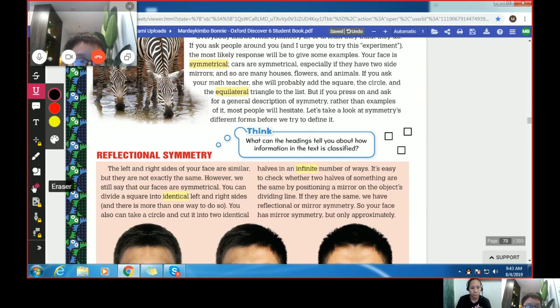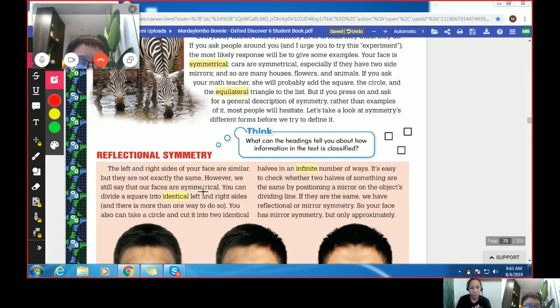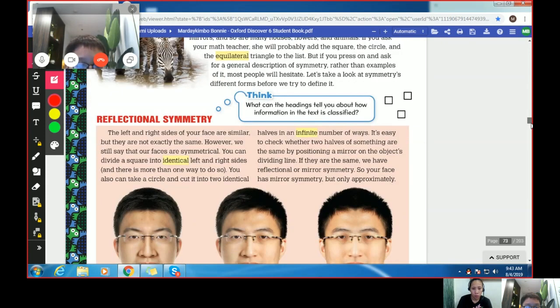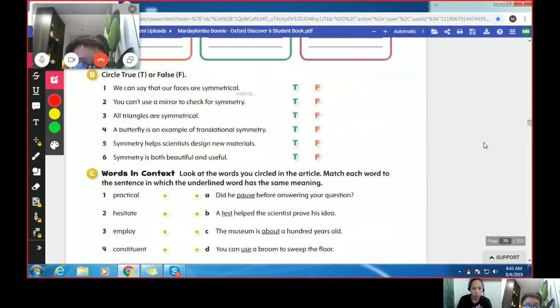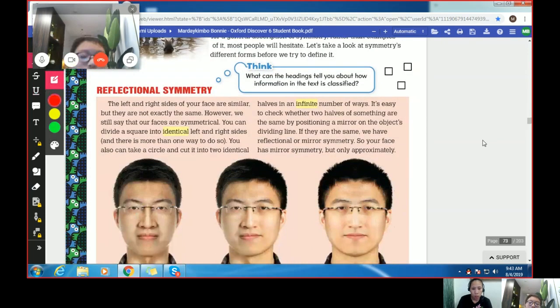You can divide a square into identical left and right sides, and there is more than one way to do so. You also can take a circle and cut it into two identical halves in an infinite number of ways.